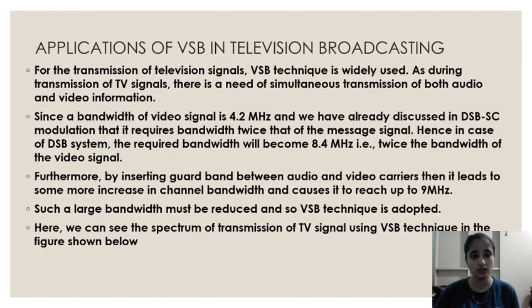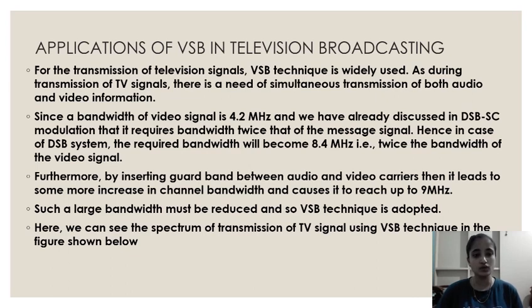Next we move on to the applications of the VSB in television broadcasting. For the transmission of television signals, the VSB technique is widely used. During transmission of TV signals, there is a need for simultaneous transmission of both audio and video information.